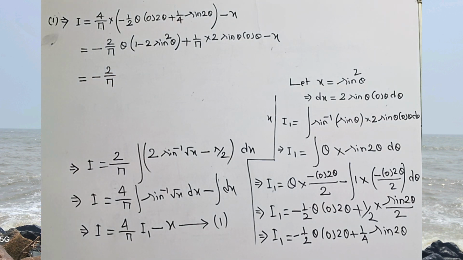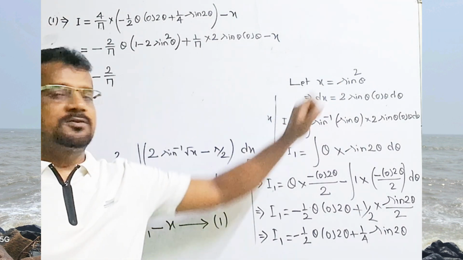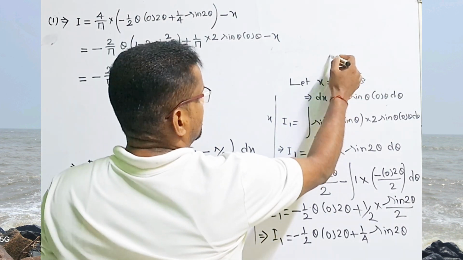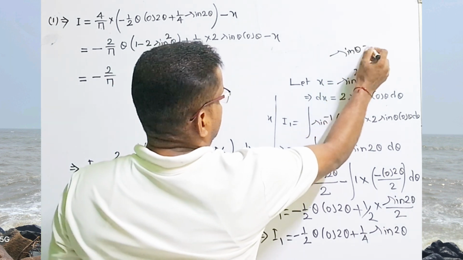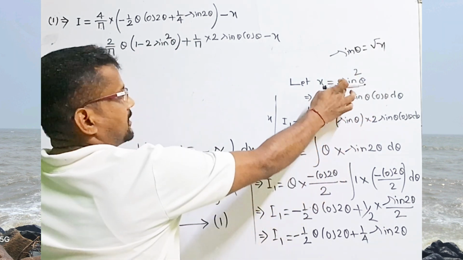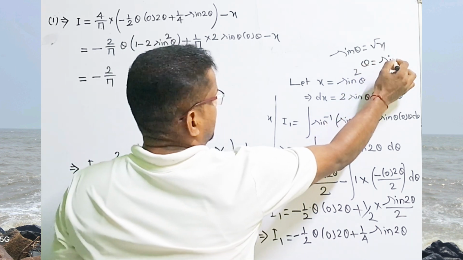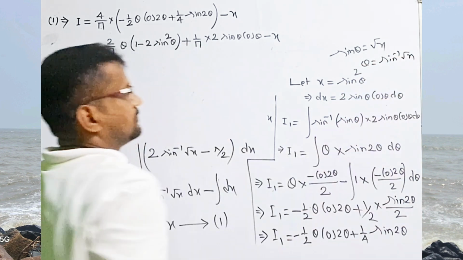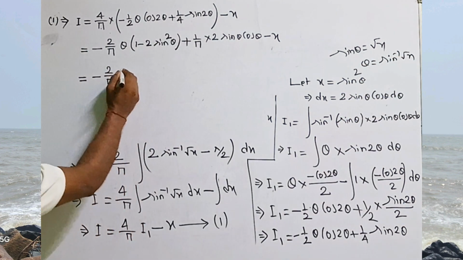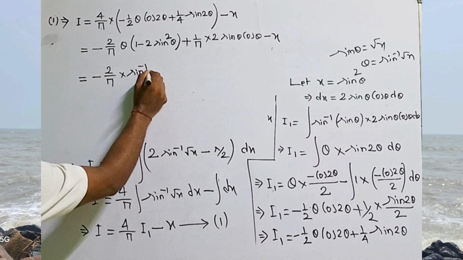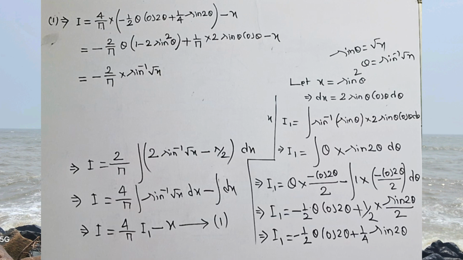Now final step, minus 2 by pi. Now what is theta? Because you say x is your sine square theta, then theta will be what? From here you can find out sine theta is root x, and theta is your sine inverse of root x. So let me write theta is your sine inverse root x.